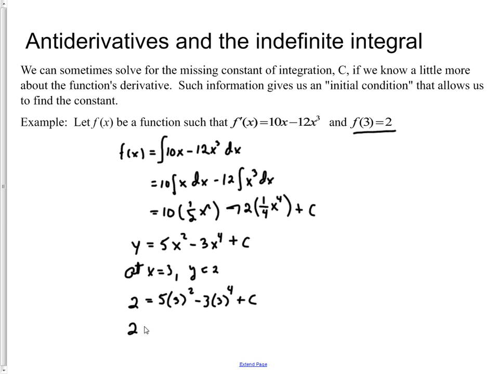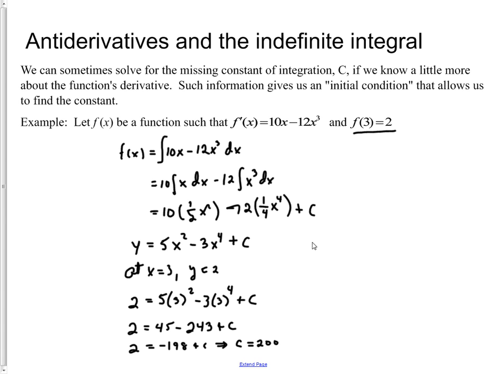So it's just a matter of solving for that constant. Well, working through the numbers, let's see. We've got 5 times 9. Well, that's 45. And of course, 3 times 3 to the 4th is 243, plus our constant. Working it through a little bit, we might find 2 would be equal to negative 198 plus that constant, which implies that our constant would have to be equal to 200.